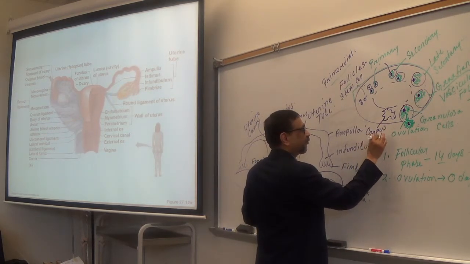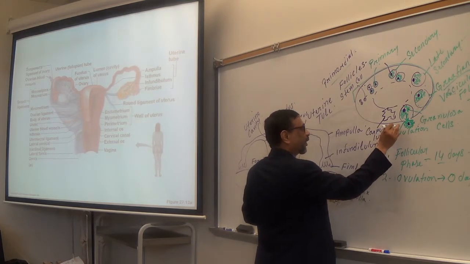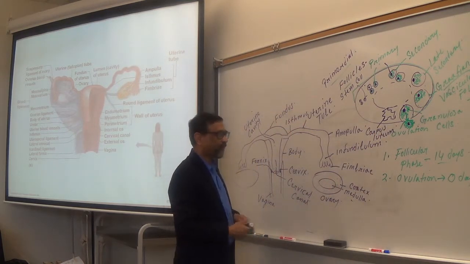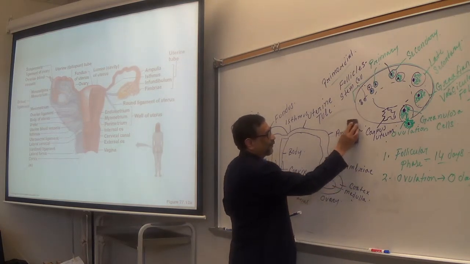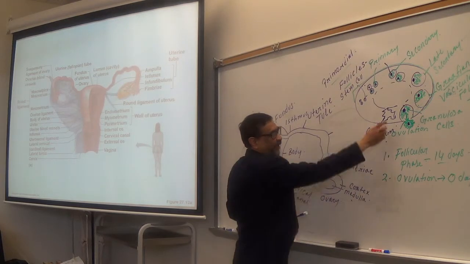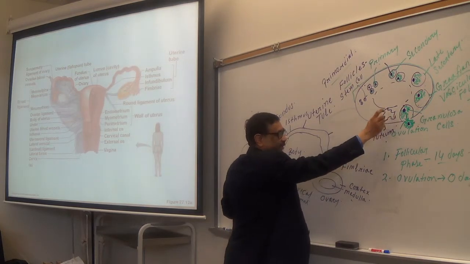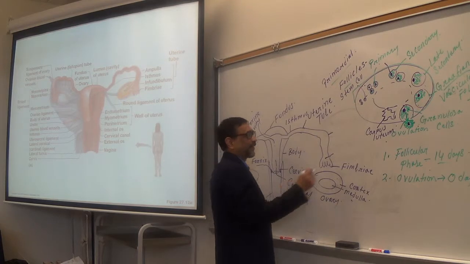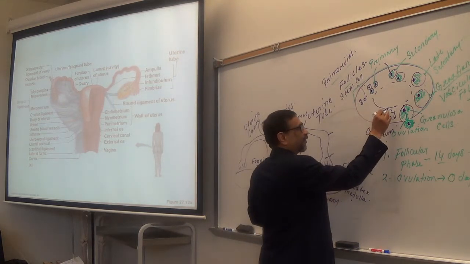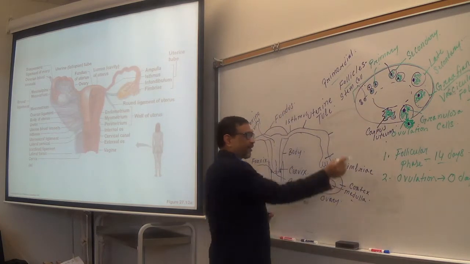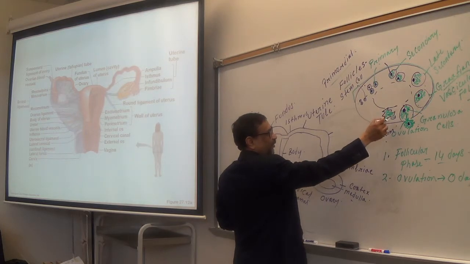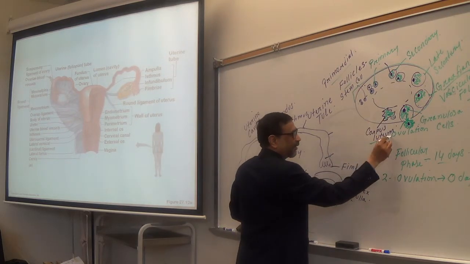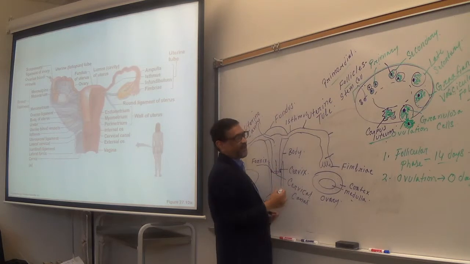Luteum means yellow. So the rest part of the Graafian follicle that remains inside the ovary becomes Corpus Luteum. And the color is yellowish because a lot of fat accumulates inside, and that's why it looks yellowish.